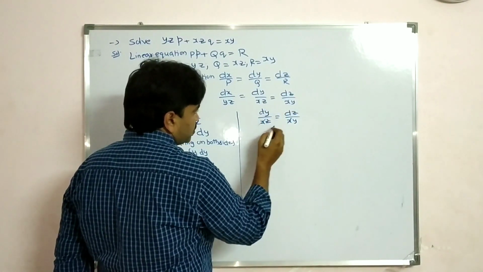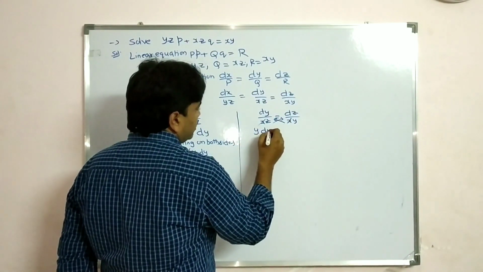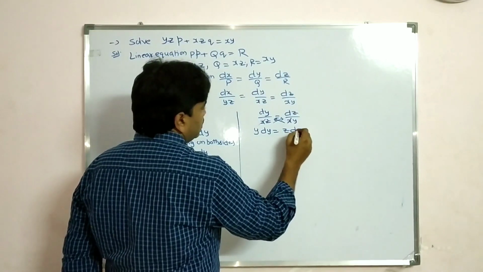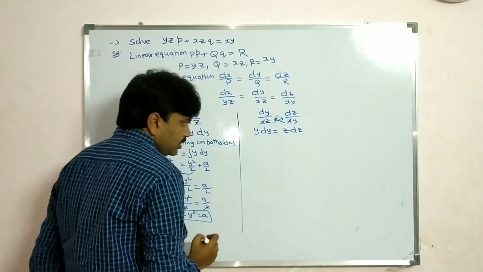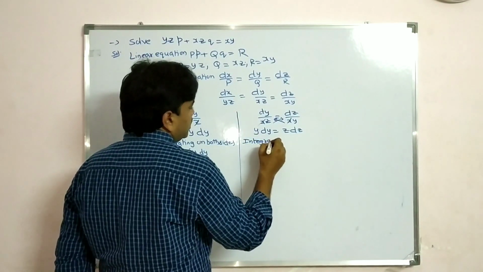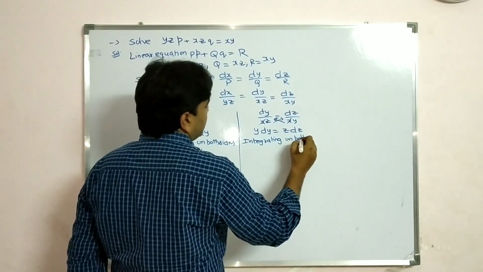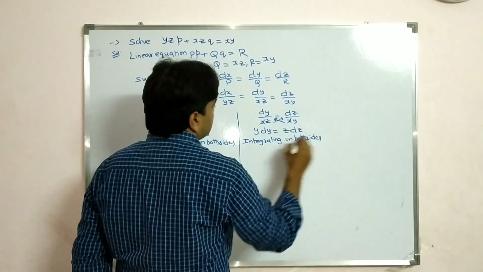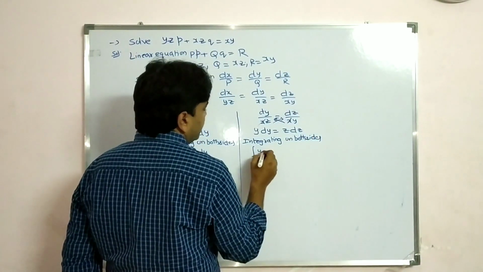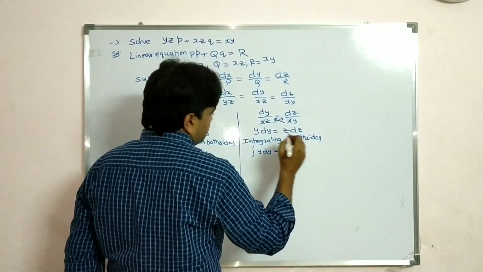So by cross multiplication, we get here y dy is equal to z dz. Now integrating on both sides. Integral of y dy is equal to integral of z dz.